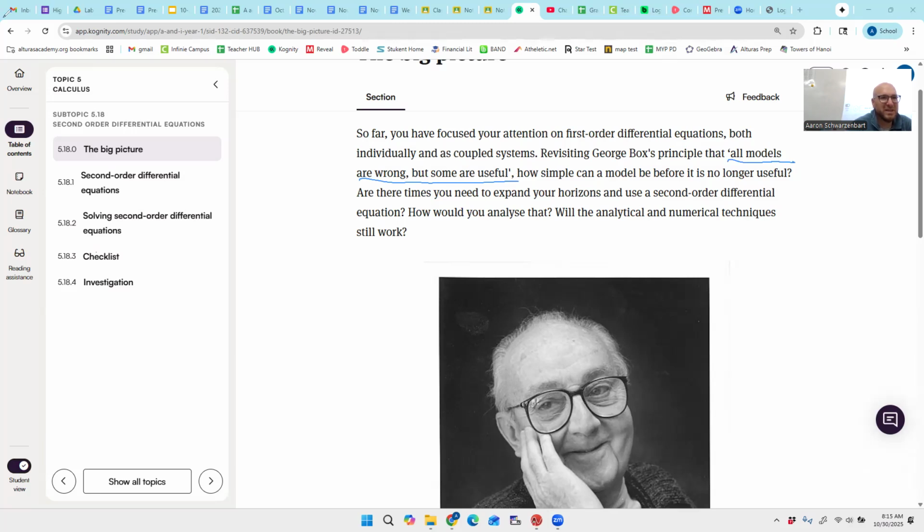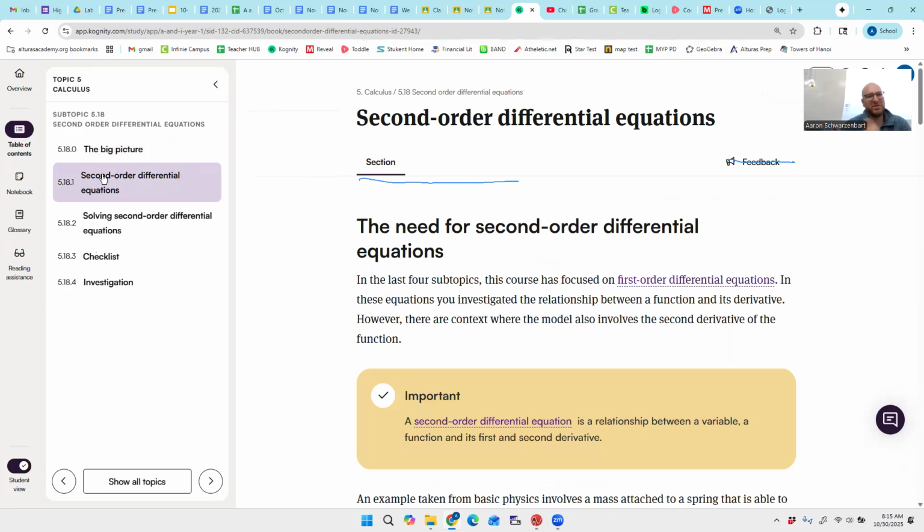So, second order differential equations. That means it involves a second derivative in the equation. We did a couple of them last year where it was just a second derivative and you integrated twice.